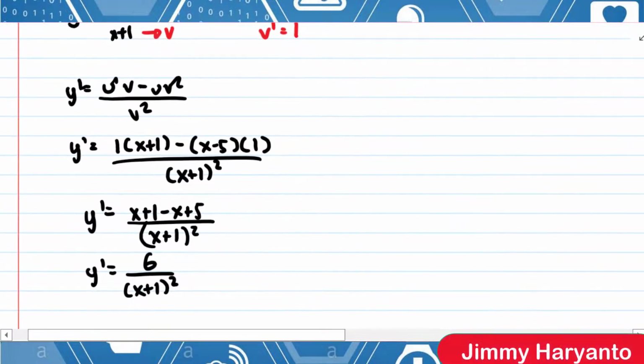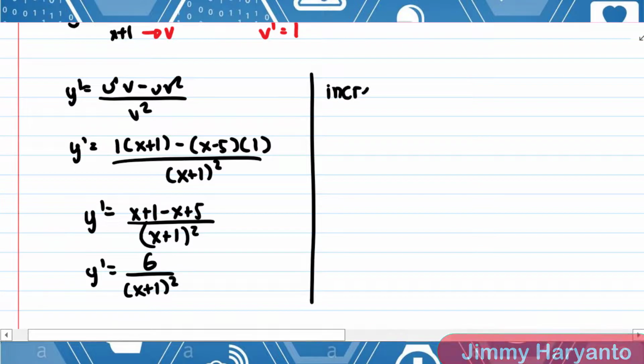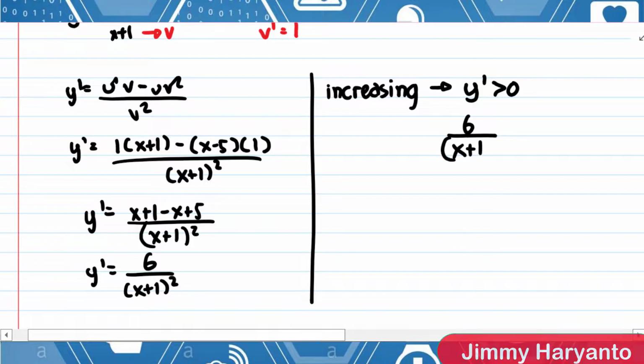After that, let's use the condition for the increasing function. Increasing means y' greater than 0, and that also means 6 over x plus 1 square is greater than 0. Let's use the rational inequality. So this one is x equals -1.